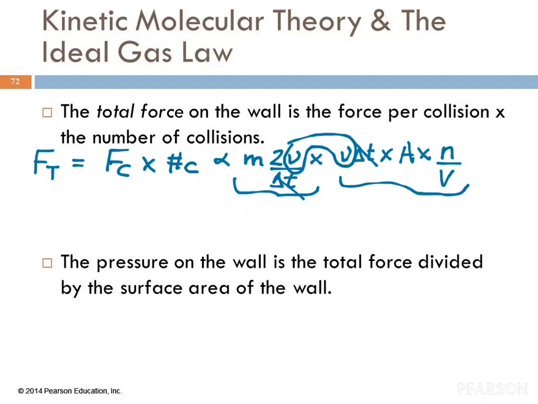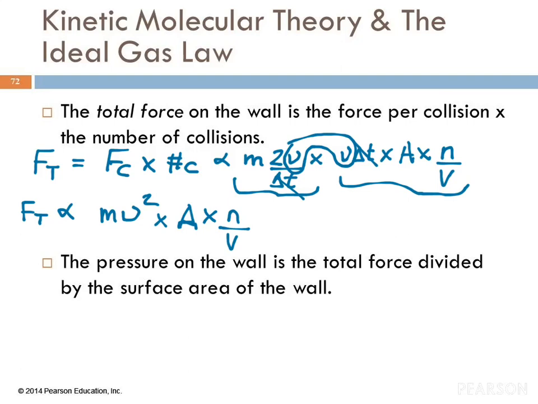The 2 will get rolled up into there. So the total force is proportional to mv squared times A times n over V.